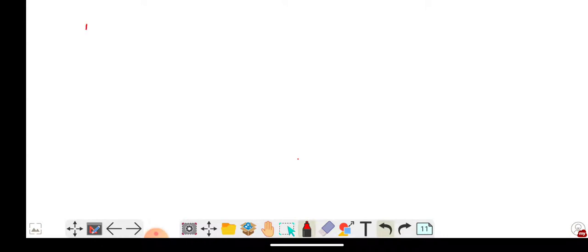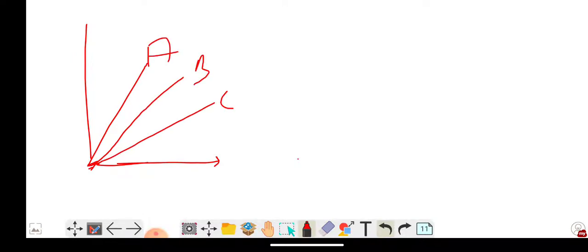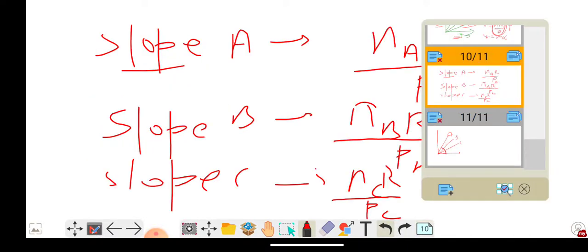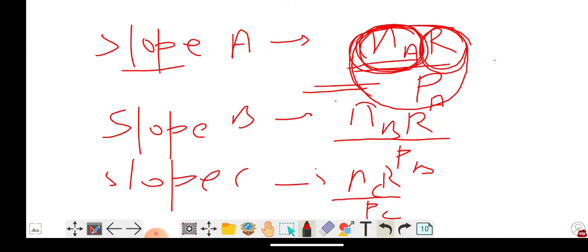So we have seen the plots for A, B and C. Here A has the greater slope. So this quantity for A will be greater. This implies obviously Na will be greater for A, since R is constant.